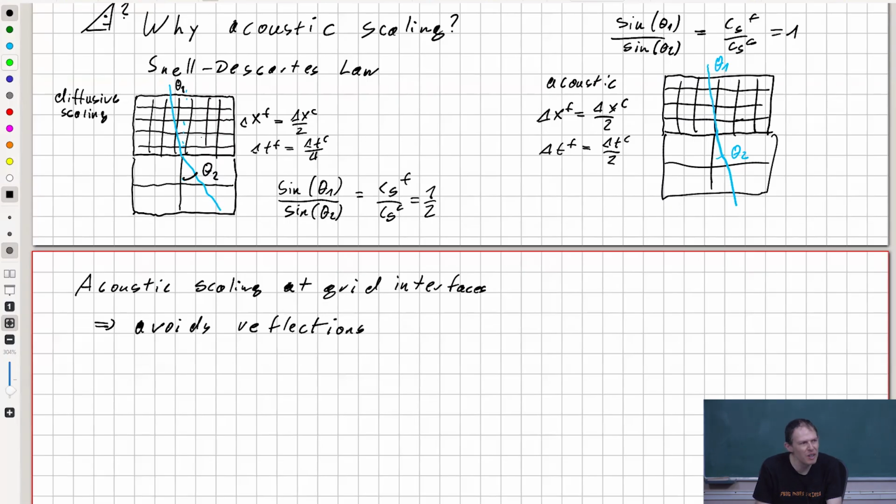I mean, it avoids reflections 99%, 99 point something percent.